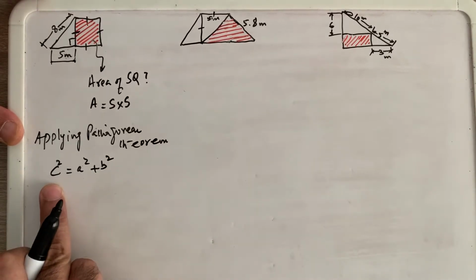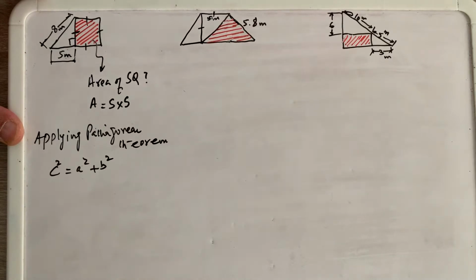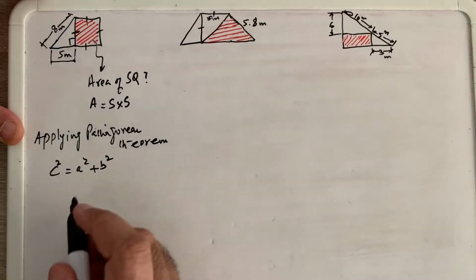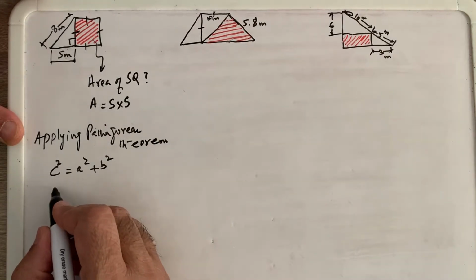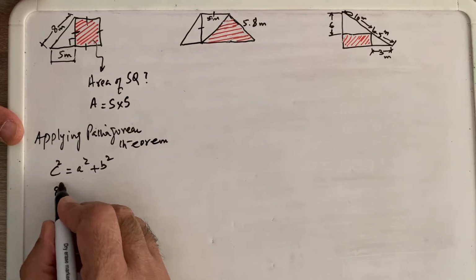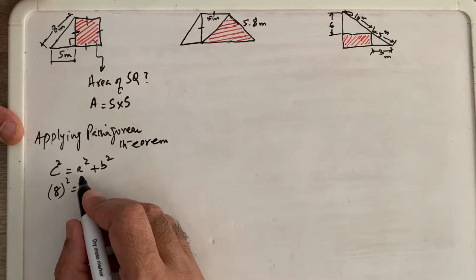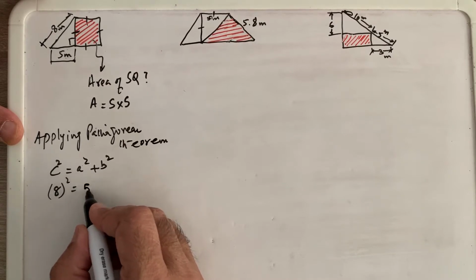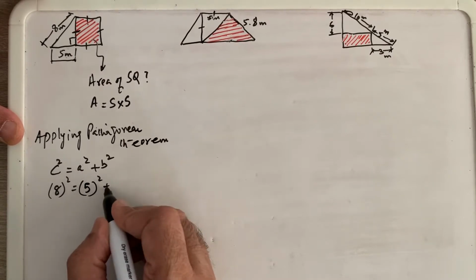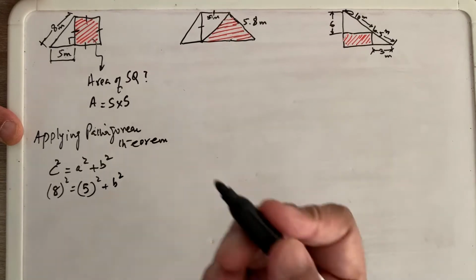The square of the longer side is always equal to the sum of the squares of the shorter sides. So what is the longer side? The longer side is always the hypotenuse, which in our case is 8 square, and one of the legs, a, is known, which is 5 meters square, plus the other one, b, is unknown.